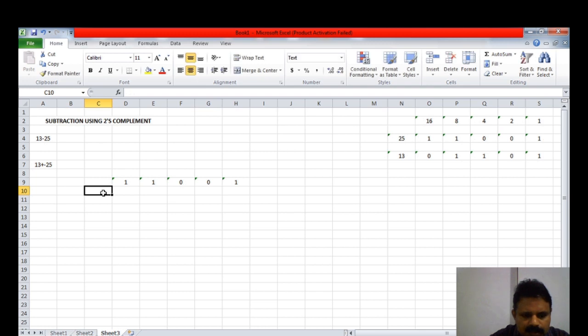Its one's complement is 00110, and then two's complement will be 00111. So this is 25, one's complement is this, two's complement is this.